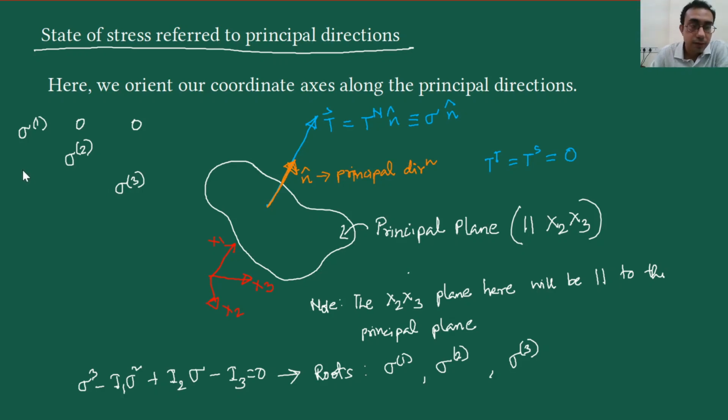We understand that sigma 2 1 must be equal to 0, but you can also think of it in a clear-headed fashion by noting that the other plane present here, oriented perpendicular to the x2 axis, also has no component of the traction along that plane itself, which means sigma 2 1 has to necessarily be 0. Similarly for sigma 2 3, and we can immediately write down the other components too.